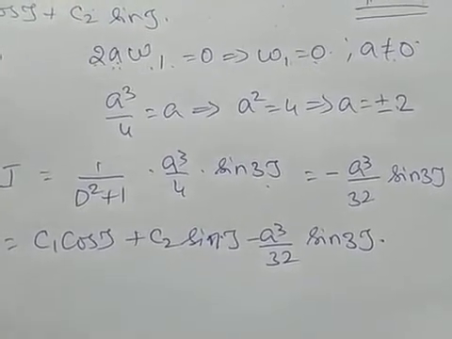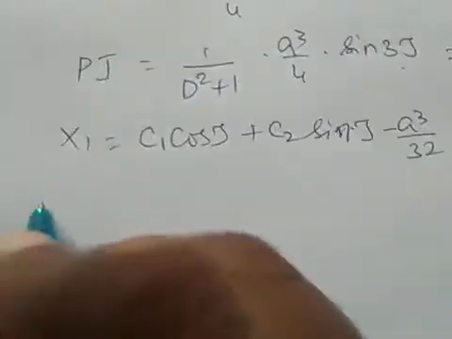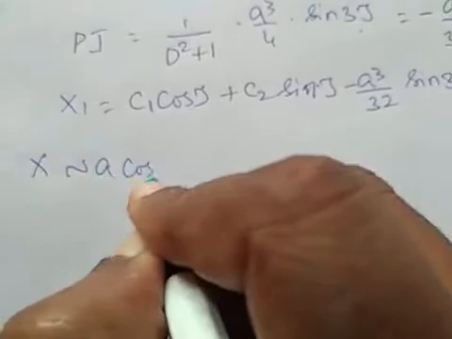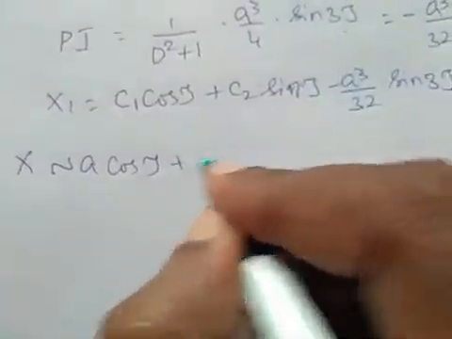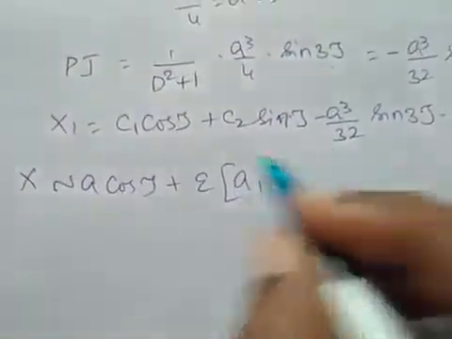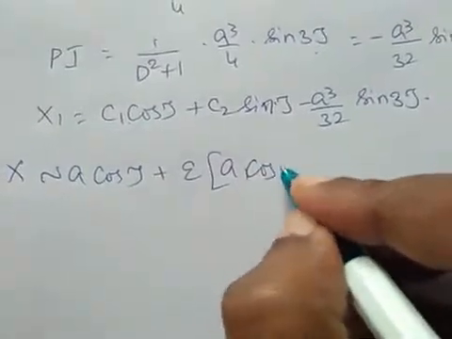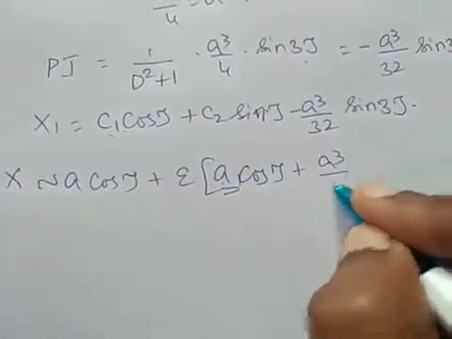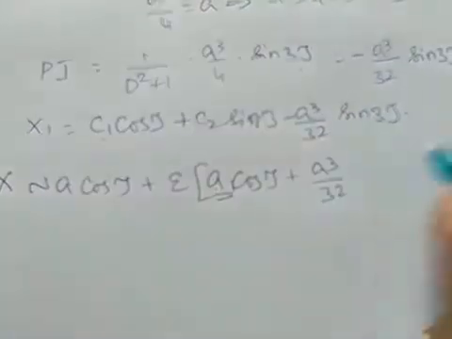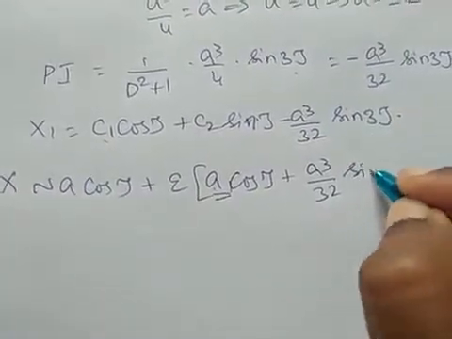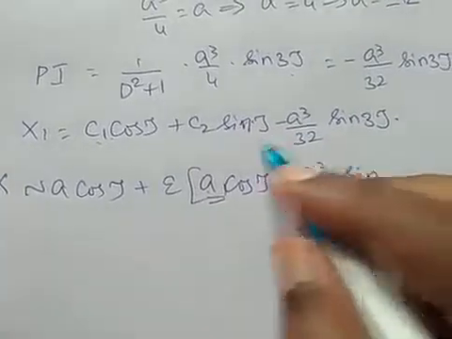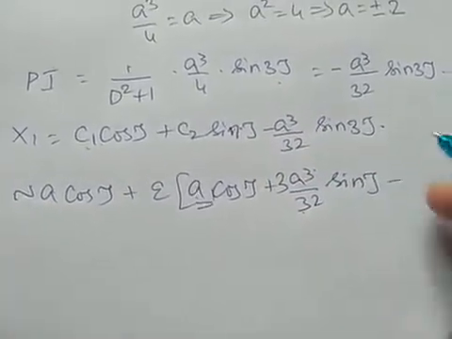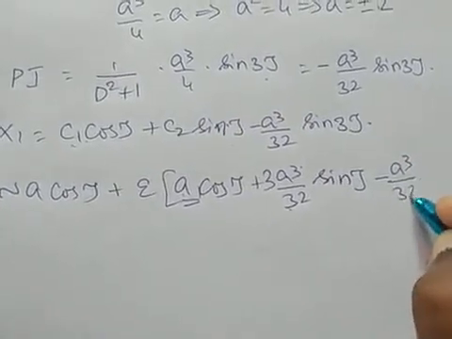So when we substitute in the solution x, we will get solution x as a cos tau, this is our first term, plus epsilon into a1 cos tau, this is the value of c1, plus 3a cube by 32 sin tau, this is the value of c2, minus a cube by 32 sin 3 tau.